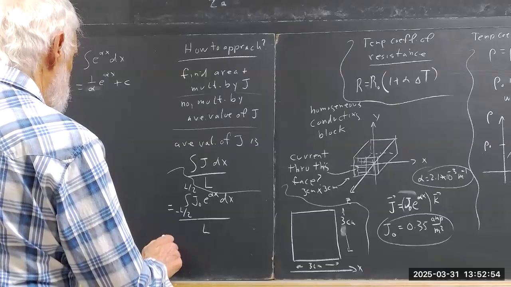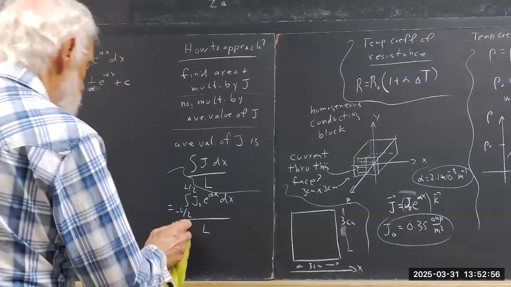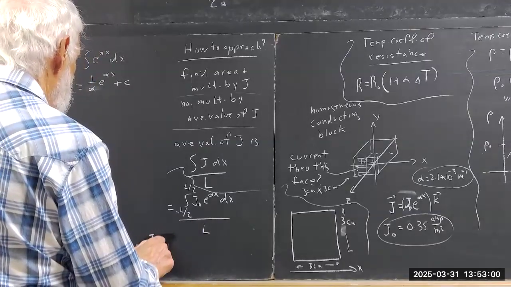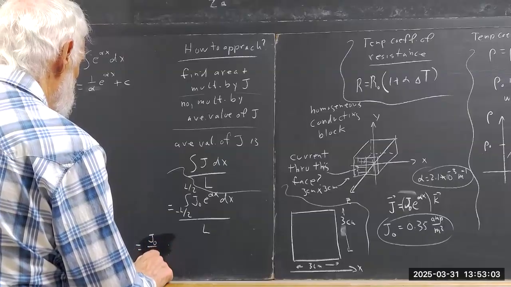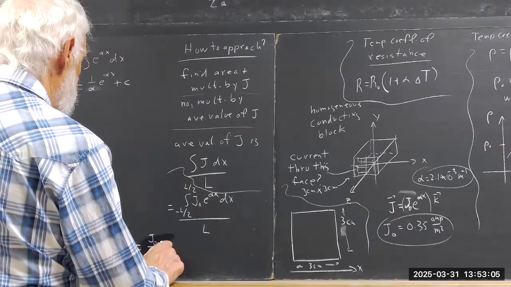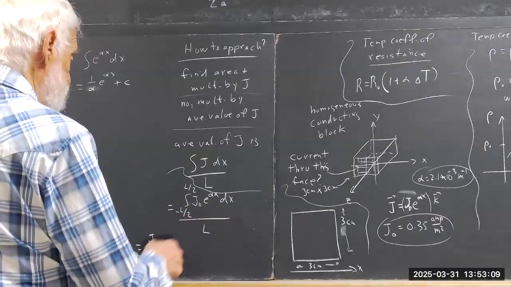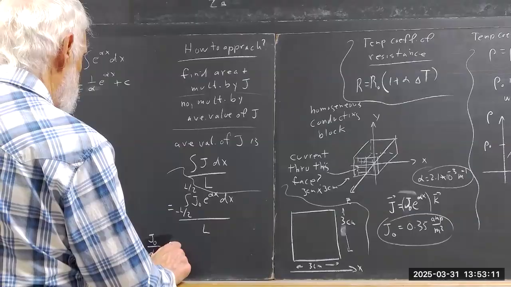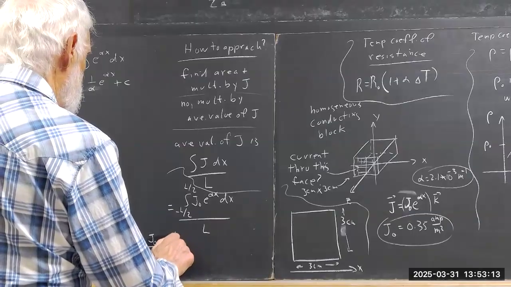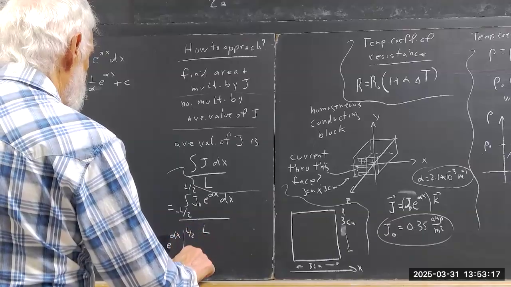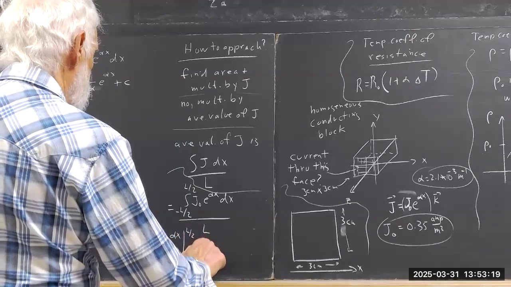Let's say J naught over alpha L, times e to the alpha x between L over 2 and negative L over 2.